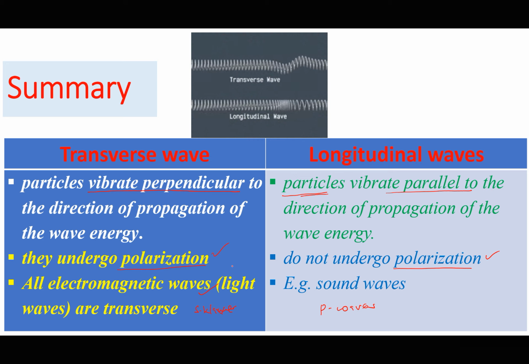You should be able to give light waves or electromagnetic waves as an example of transverse waves. You can also give S waves as an example of transverse waves. You should be able to quote sound waves as an example of longitudinal waves, and P waves as an example of longitudinal waves. I think lesson 1 should end there.